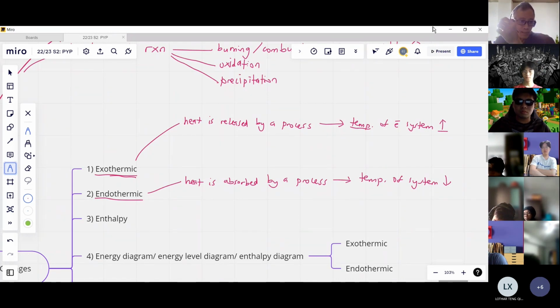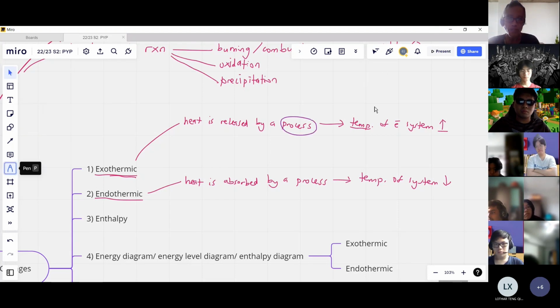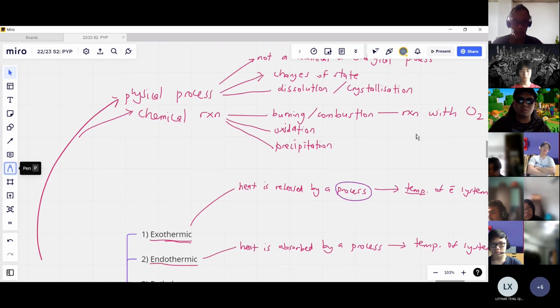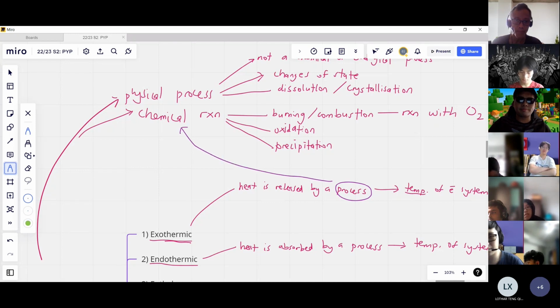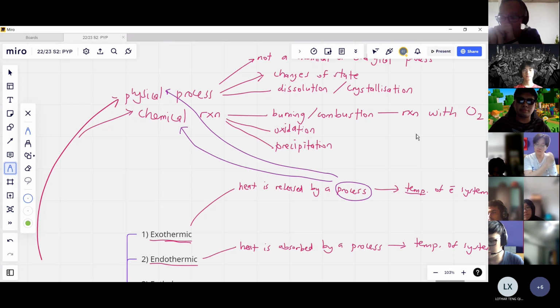Now, as I was saying earlier, again, don't be too fixated on this word process. Process can be a chemical process or a physical process. So it's not always just referring to a chemical reaction.